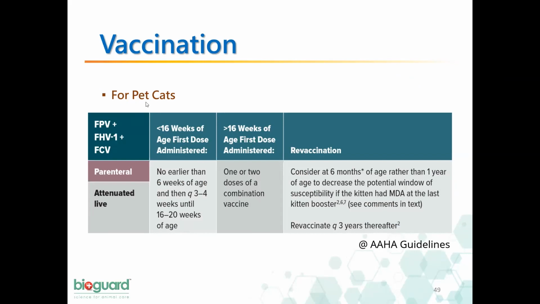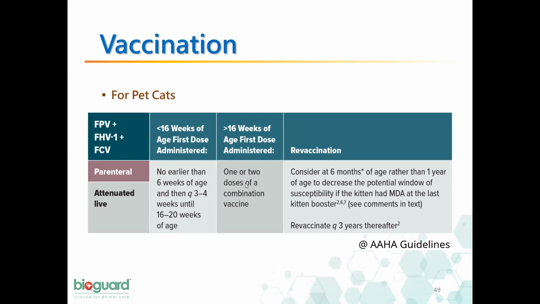In the case of pet cats, usually the attenuated live vaccines are used. When this vaccination is administered to kittens less than 16 weeks, we have to wait until 6 weeks of age when the first dose has to be administered, followed by doses every 3 to 4 weeks until 16 to 20 weeks of age.